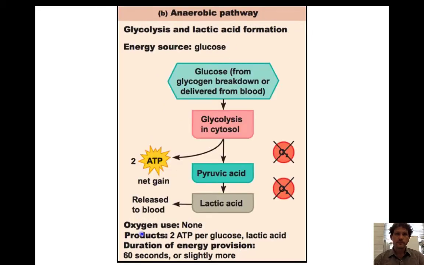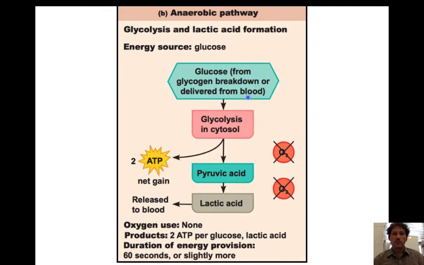If we look at our anaerobic pathways, when we talk about glycolysis and lactic acid formation, here our energy source is glucose. We have glucose that's coming from breaking down glycogen, or it's maybe in our blood sugar as well.